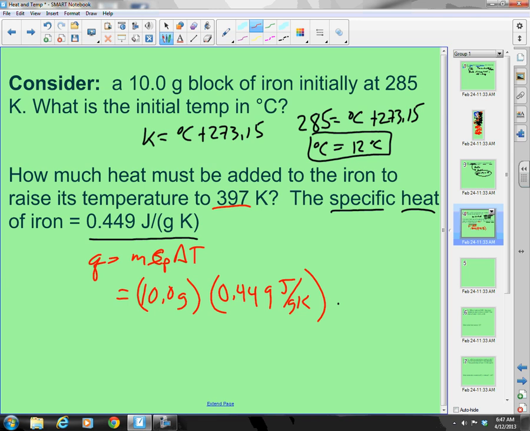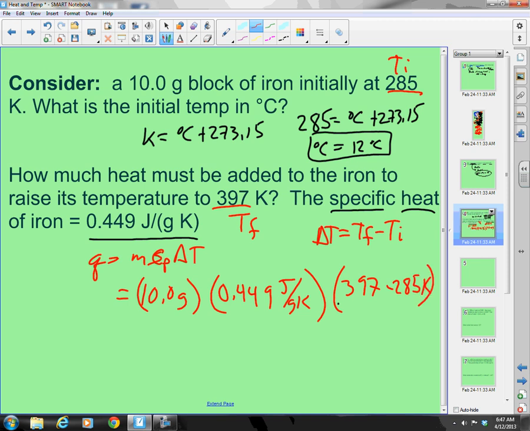So where do I start? I start at 285, so that's going to be my T initial, and I end at T final, and my delta T is always going to be T final minus T initial. So delta T is 397 minus 285 K, right?